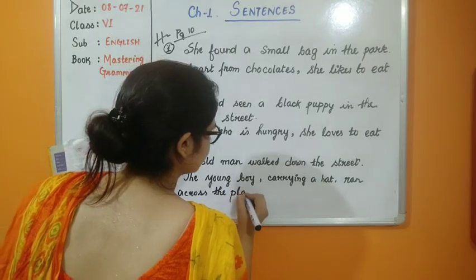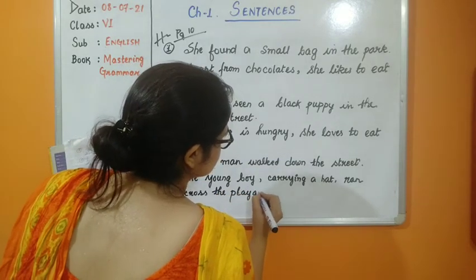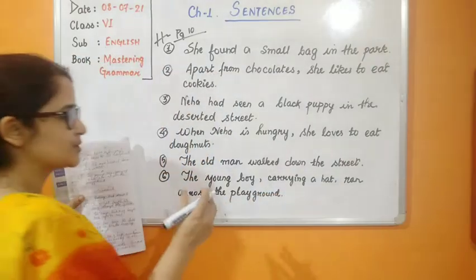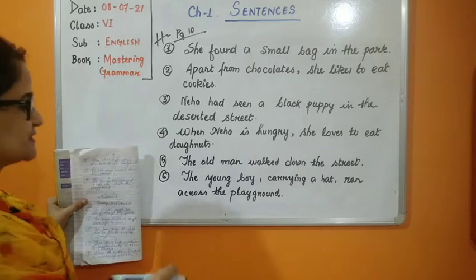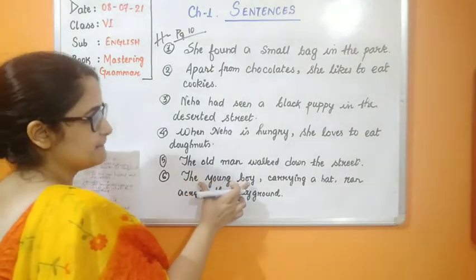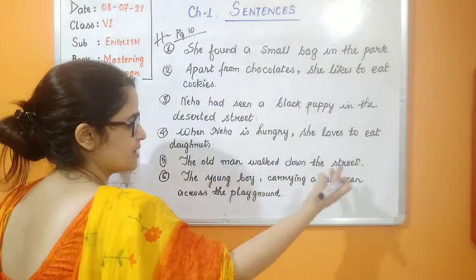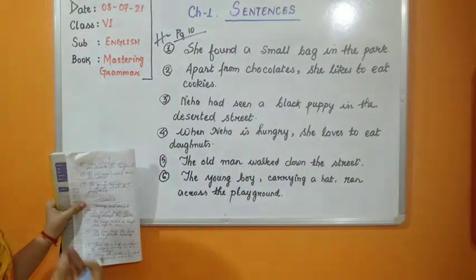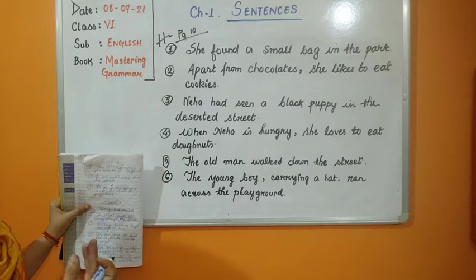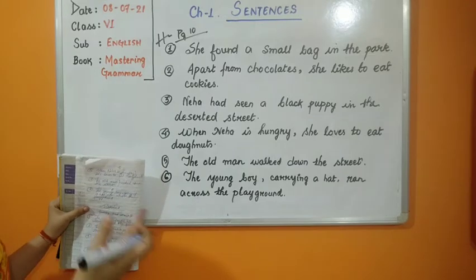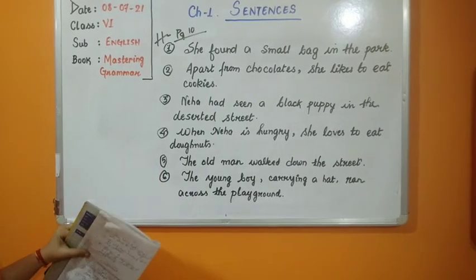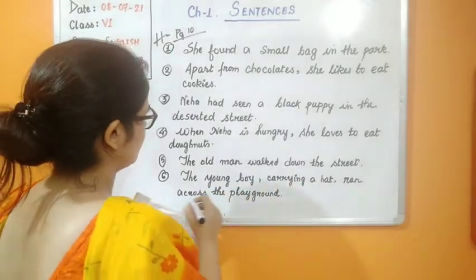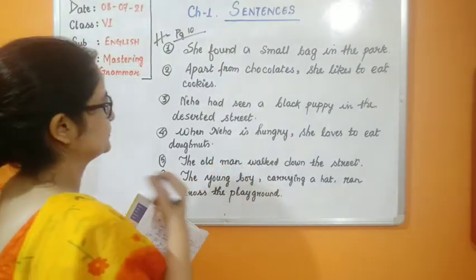So children, here you can see there is a complex kind of sentence. The young boy carrying a hat, comma, then ran across the playground. So it's actually not 2 clauses, but there is a clause and then you have a phrase here. Okay.